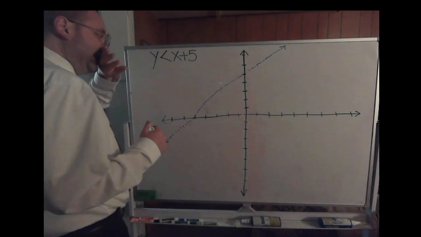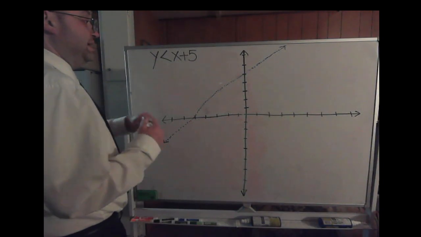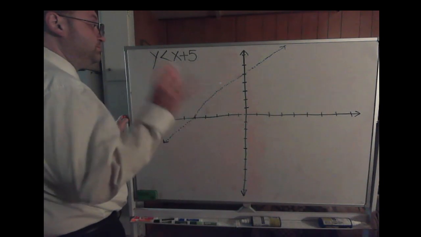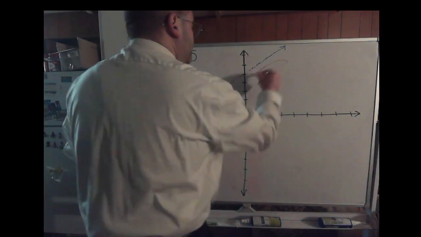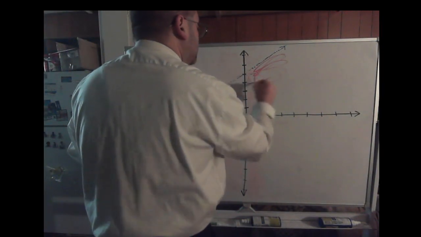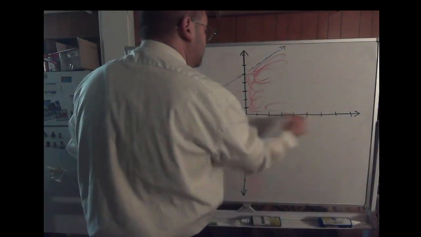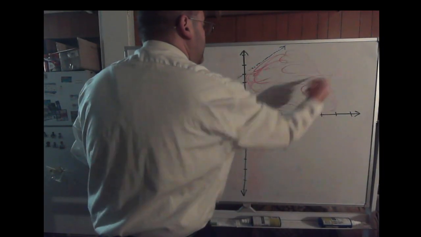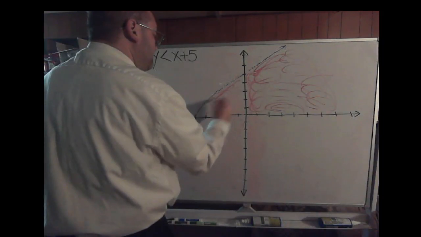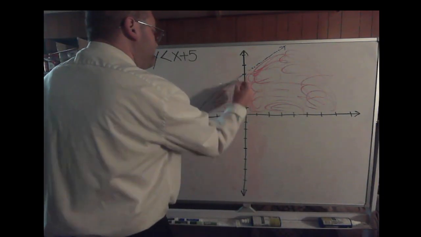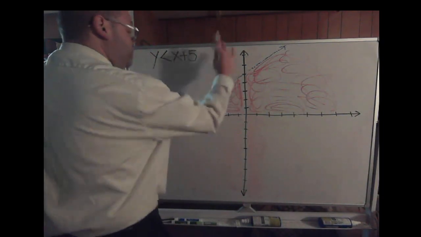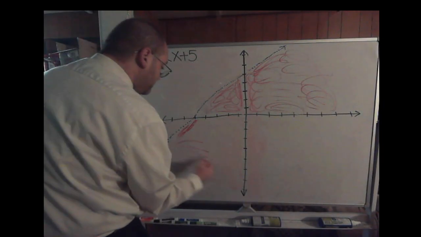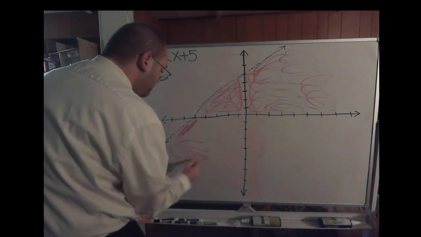But yes, how do you graph y is less than x plus 5? Well, to graph it, you're going to shade everything below the line. Since y is less than that line, you're just going to shade everything below that line. If it were greater than, you would shade everything above. But it's less than, so you're going to shade everything below that line.